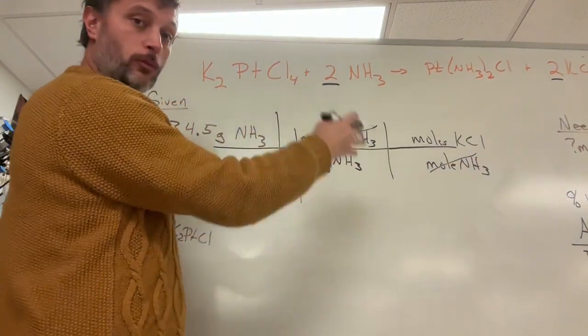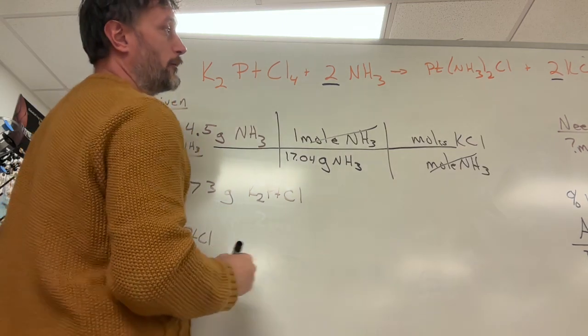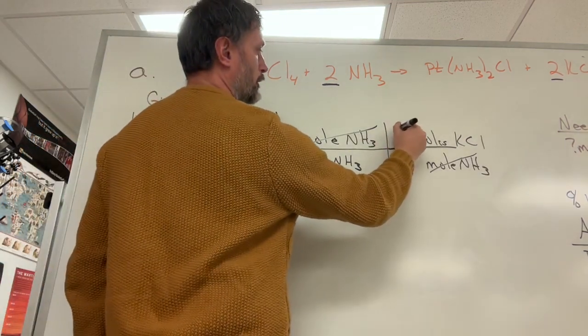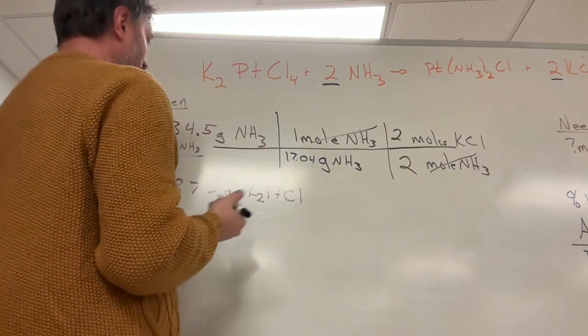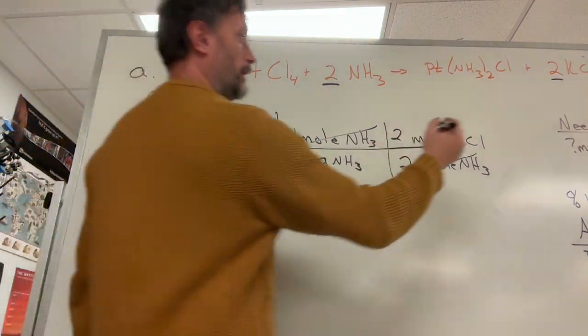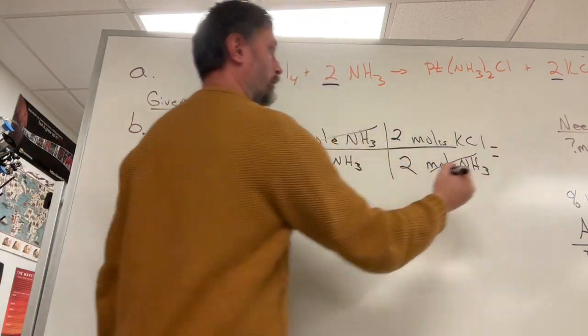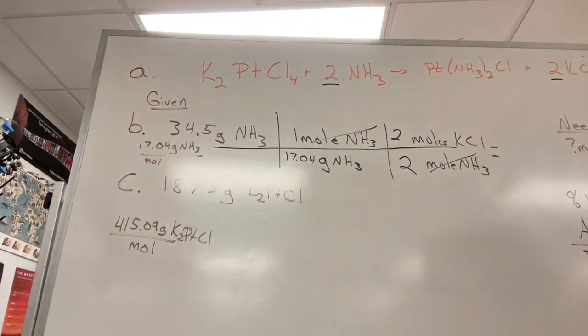Now when I have moles over moles, I go to the balanced equation to get my conversion factors. I have a 2 here, and I have a 2 here. So mathematically, that's not really going to affect anything. So I'll take 34.5 divided by 17, and that'll be my answer.